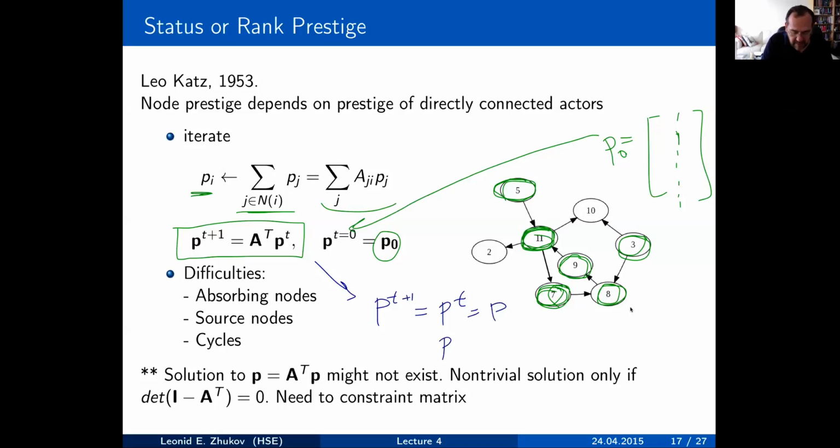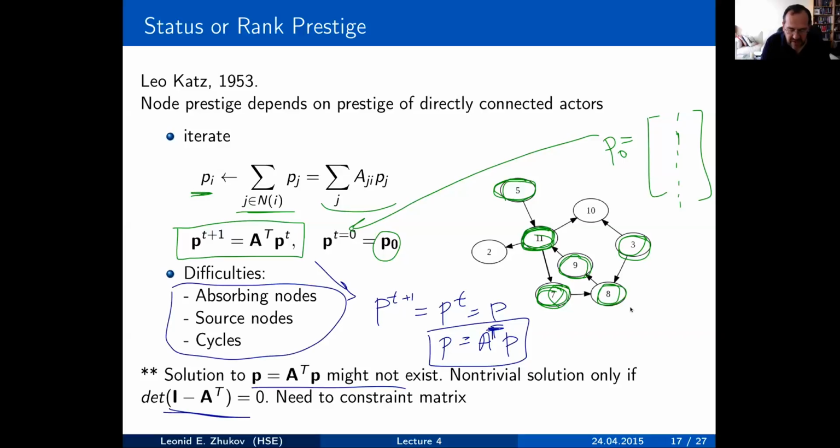That means that p is an eigenvector that corresponds to eigenvalue equal to 1 for that equation. And we know that, first of all, this solution might not exist, and a non-trivial solution only exists when the determinant of this matrix is equal to 0. I'm not going to go into the details of the mathematics here. You can correct it as we did previously, but there are other difficulties.